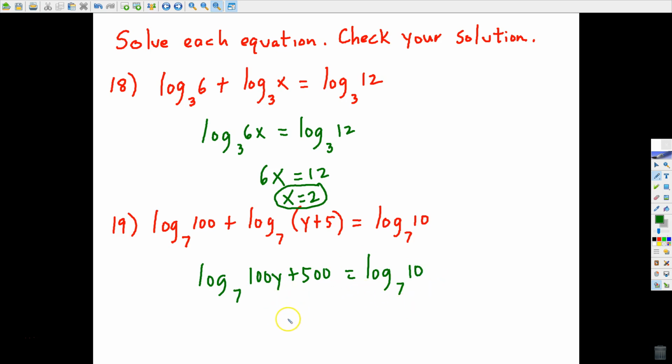Okay, and once again, I've got this log property of equality, so I can essentially just think about the log base 7s being taken out, and I'm going to solve 100y plus 500 equals 10. So 100y equals negative 490, and y will be negative 490 divided by 100, and that's negative 4.9.